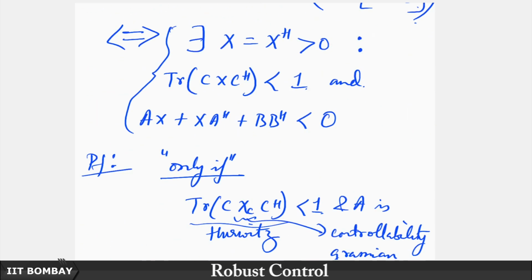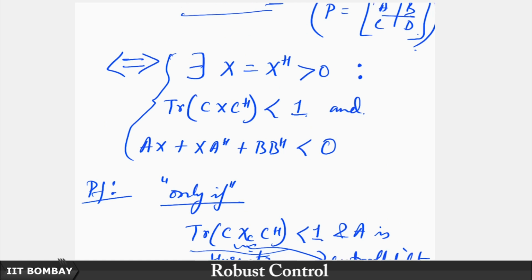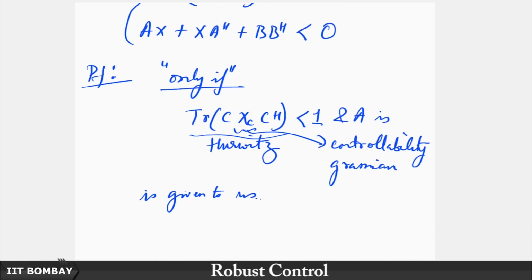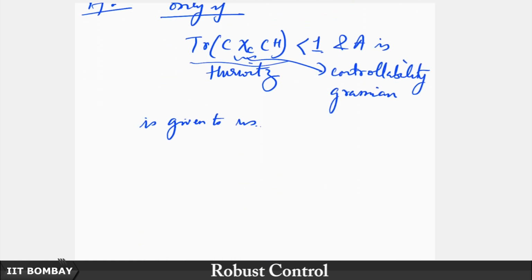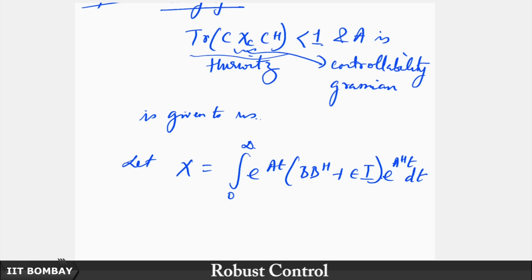We have to show that it is the same as saying... So, this statement is the same as this statement, you agree, and now we have to show that this statement is also the same as what we are claiming in the second part. Okay. So, notice that let X be defined as the integral from 0 to infinity of e to the At times B B Hermitian plus epsilon I times e to the A Hermitian t dt.